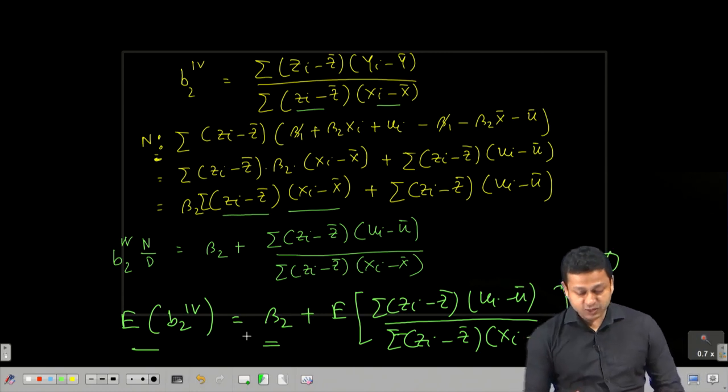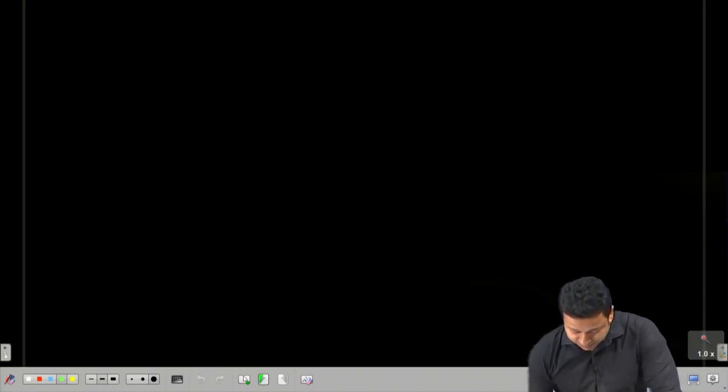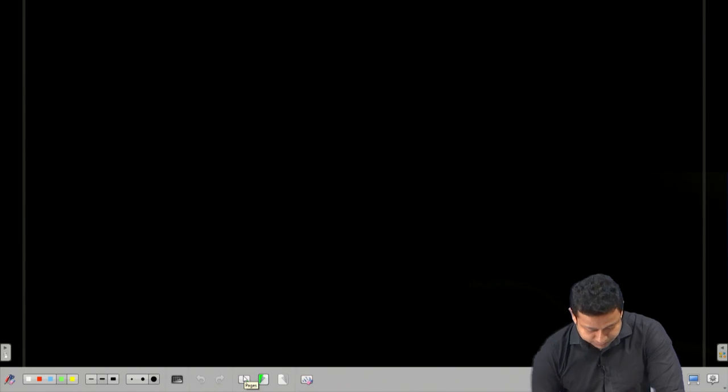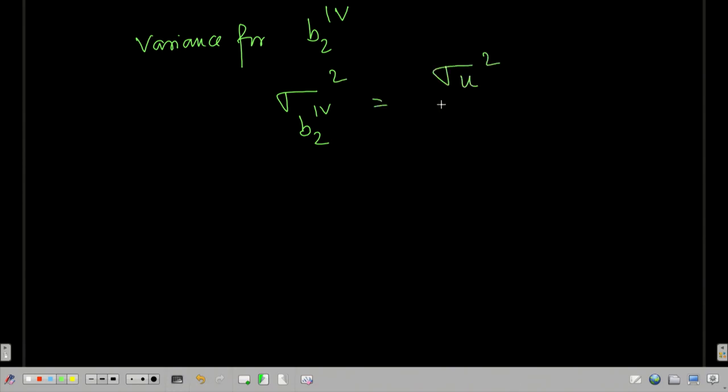Now, if we also look at the variance part for beta 2 IV, we can write sigma beta 2 IV square is equal to sigma u square by summation of x I minus x bar square into 1 by r z x square.